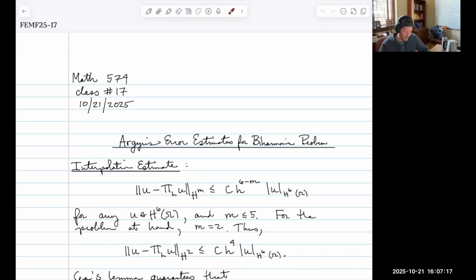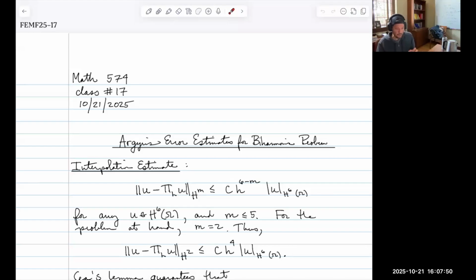Last time we were talking about the biharmonic problem, and we saw some challenges associated with that. We looked at the Argyris triangle, actually the Argyris finite element, as a way of constructing a fifth order piecewise polynomial space, which was a C1 space, and therefore was what we call conforming.